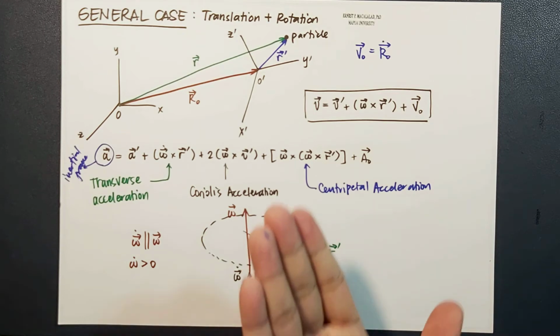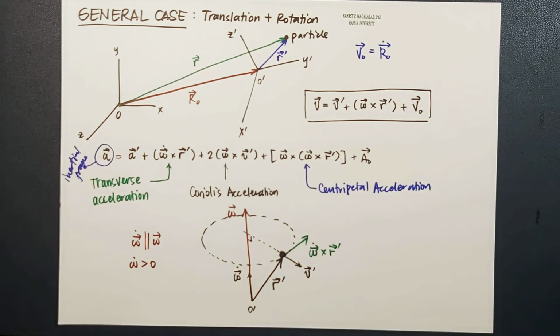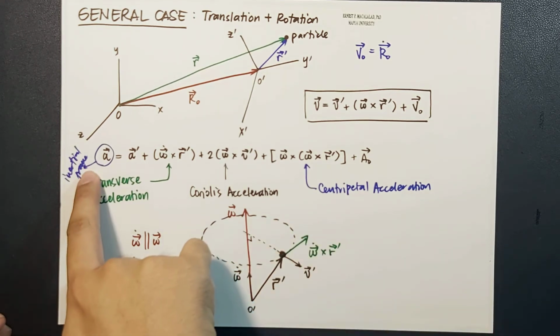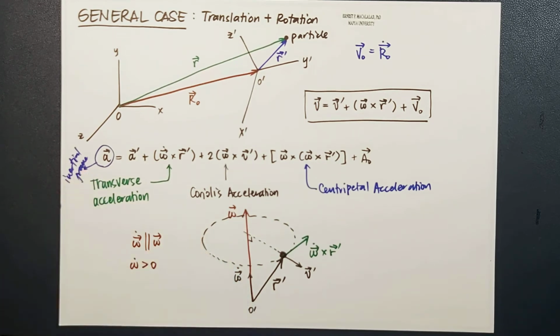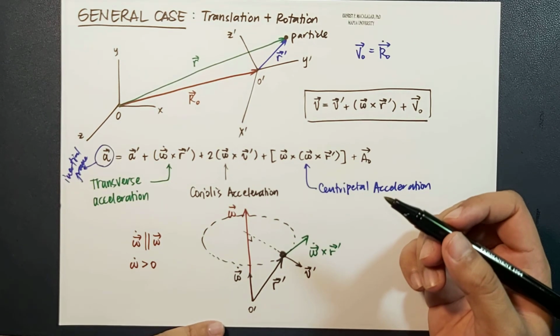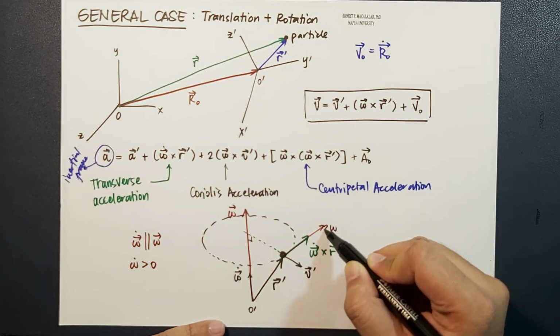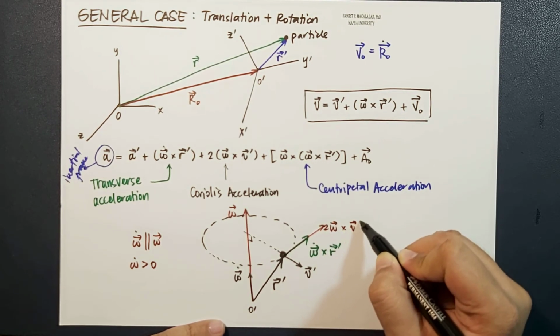So this is omega cross v prime, which means this will accelerate. Again, as observed by an observer in the inertial frame, that will follow the same direction as your tangential acceleration. This is 2 omega cross v prime.